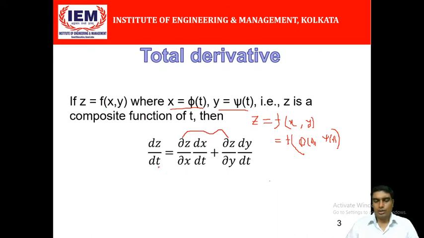So to get the total derivative of z with respect to t, I have to first differentiate the function z partially with respect to x, then multiply with the ordinary derivative of x, which is a function of t, with respect to t, plus del z/del y into dy/dt. Okay, so this way we can find out the total derivative of this function.